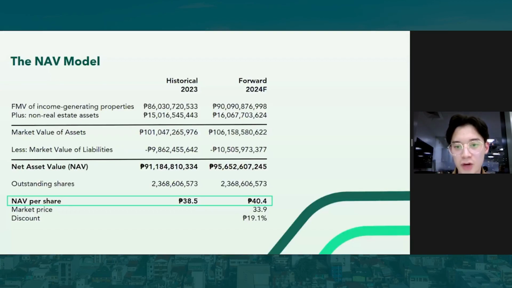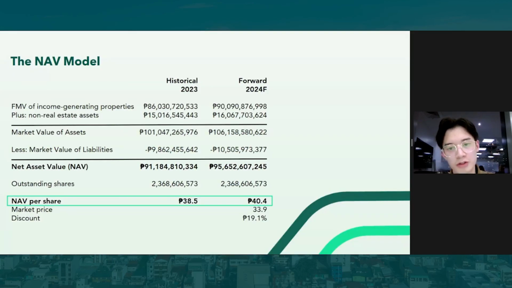So the NAV model that we arrived at for AREIT of 40.4 pesos per share is actually pretty close to the Bloomberg consensus target of 41 pesos and below the average target found online of 43 pesos.